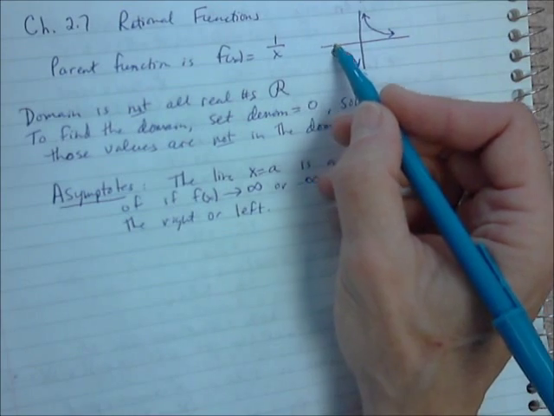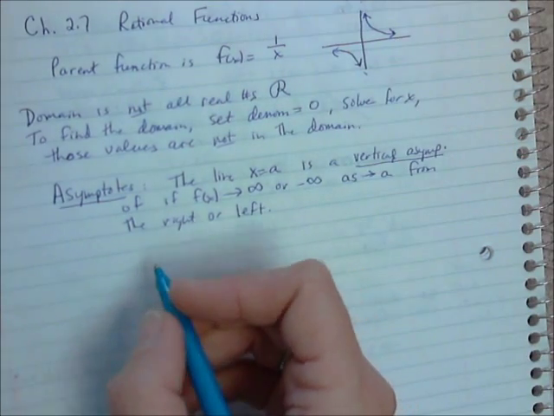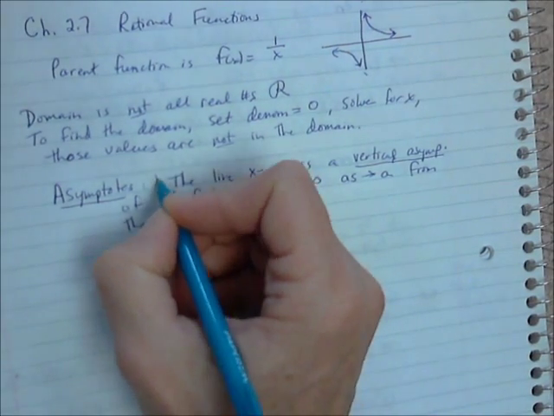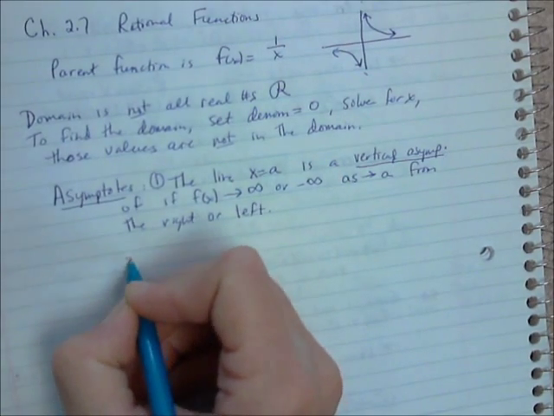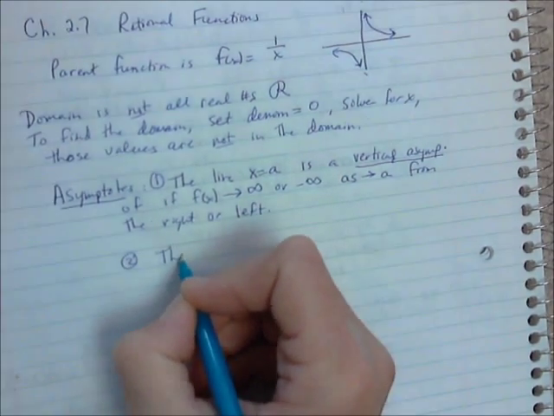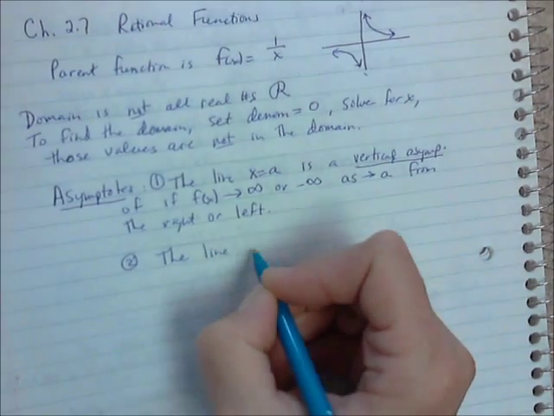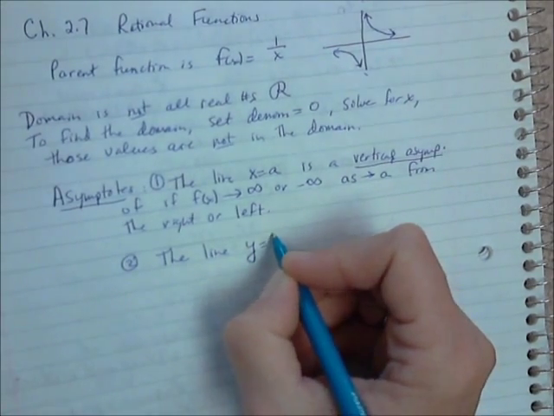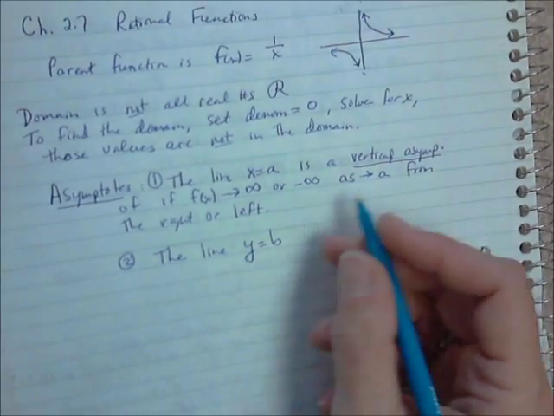In this case, there's also a horizontal asymptote. So that's your first asymptote. Your second asymptote, the line y equals b, instead of x equals, it's y equals because it's a horizontal line.